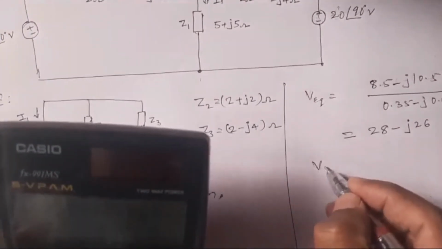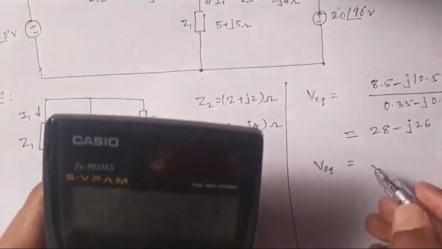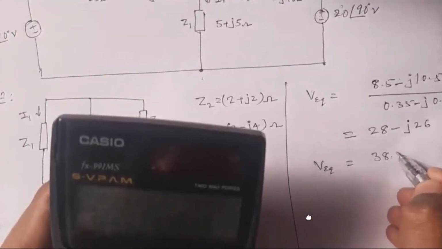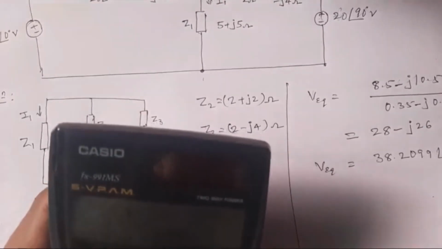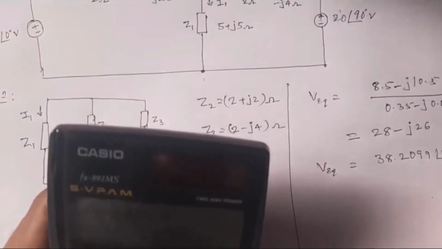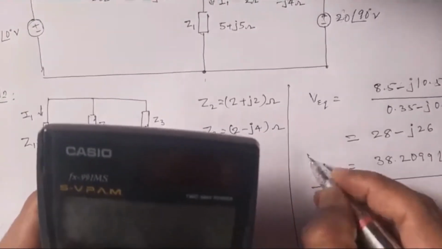This V equivalent, if I convert it to polar, we'll get 38.2099 angle minus 42.88 degree volts. This is your V equivalent.